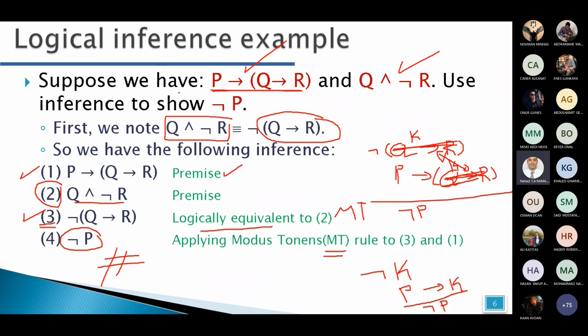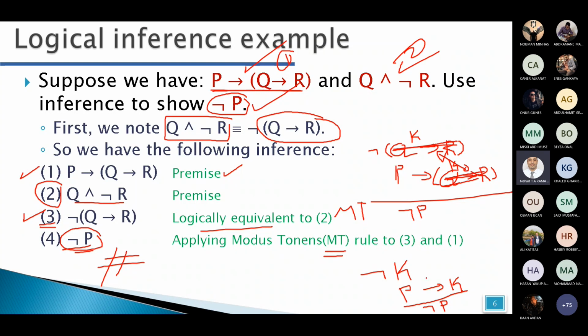This is the question. Suppose you have premises 1 and 2. Use inference to show not P, which means get not P from these premises. We get not P from the premises. So it's solved.